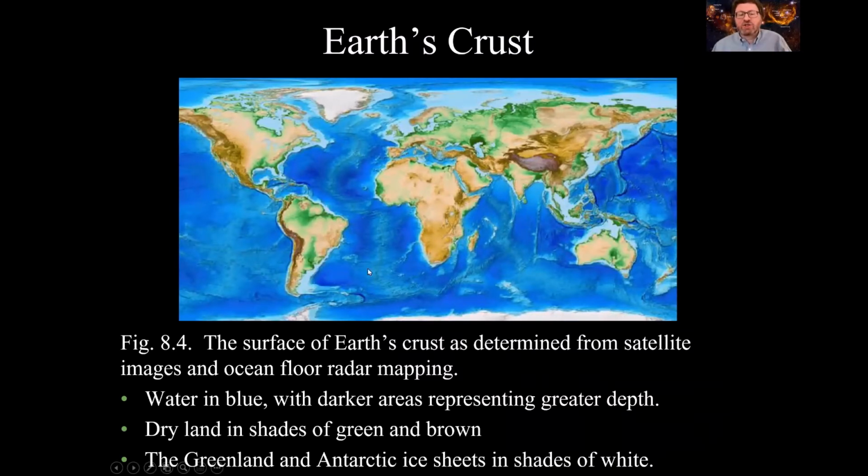The water is here shown in blue, with the darker blues representing the deeper portions. The dry land is shown in shades of green and brown, and Antarctica and Greenland are shown in ice there. This is an image of the Earth's crust determined both by satellite imagery as well as ocean floor radar mapping.